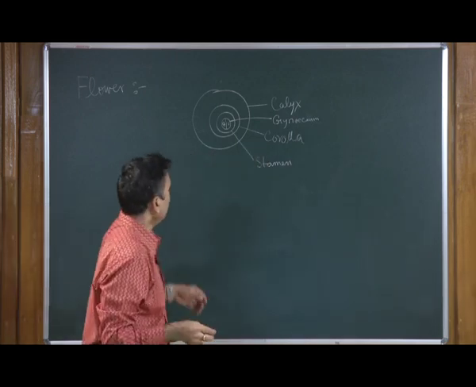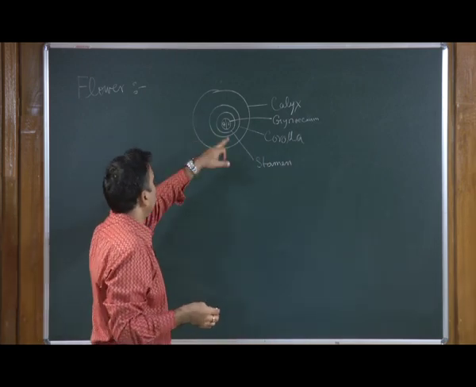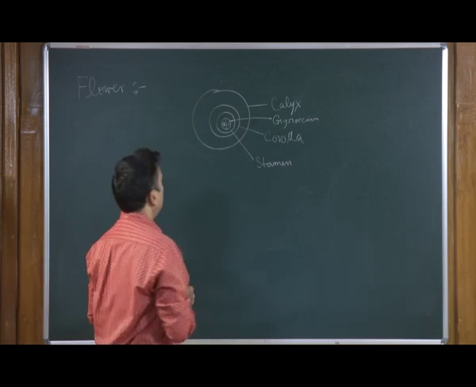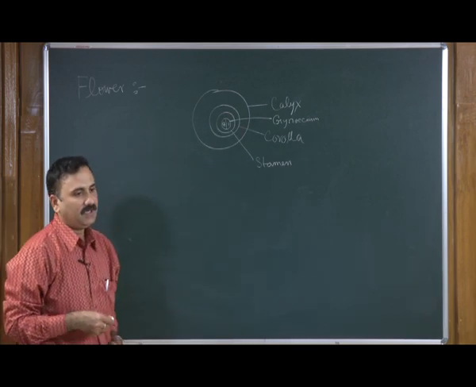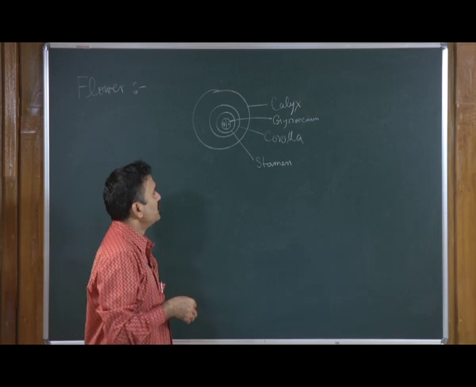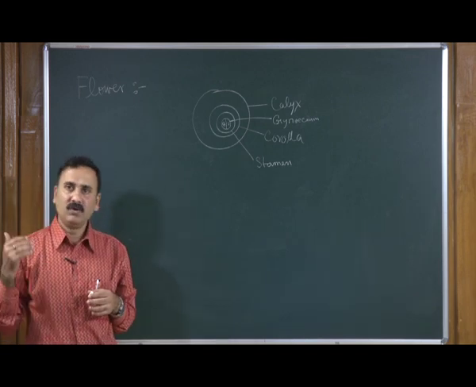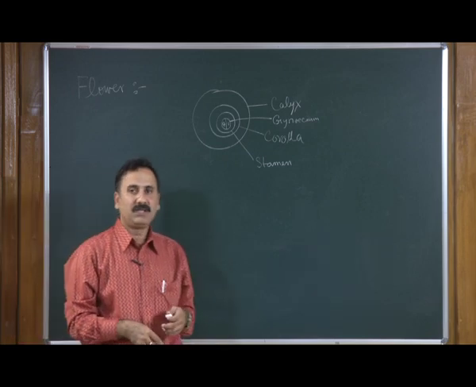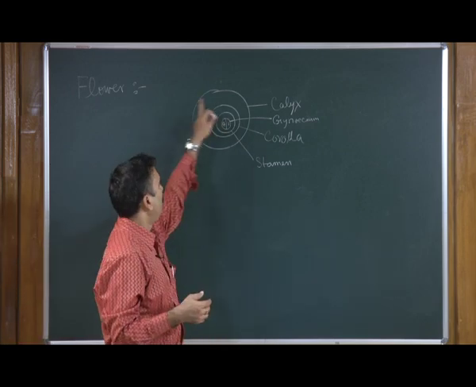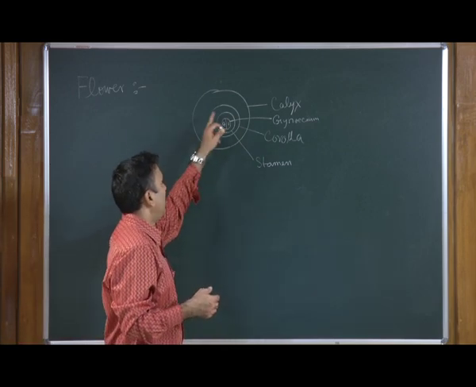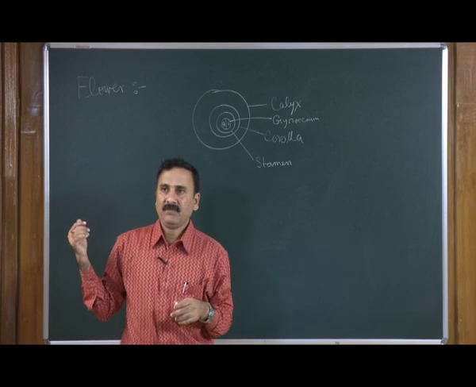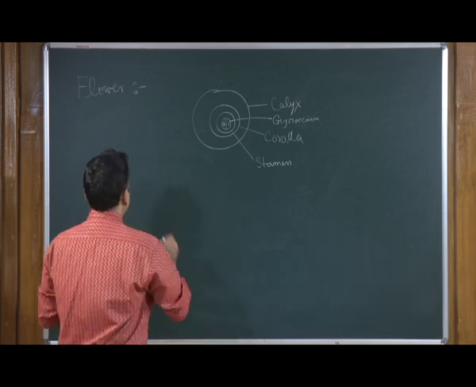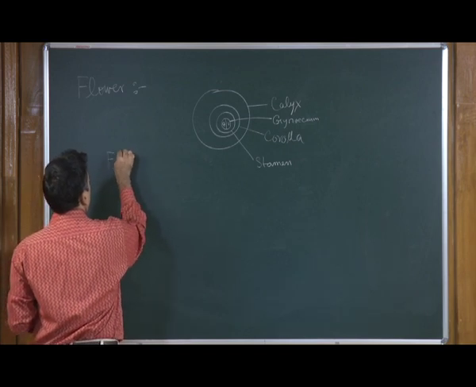Okay. So, you can see that these are the four whorls which are present within the flower structure, but these four structures could be explained or written in the form of a formula. So, when you write this arrangement of these four flower parts in the form of a formula, it is called the floral formula.